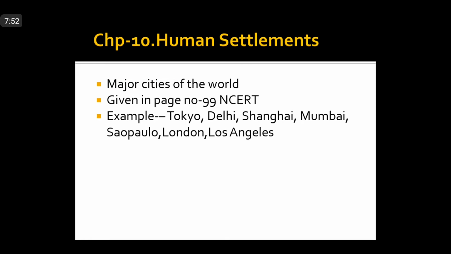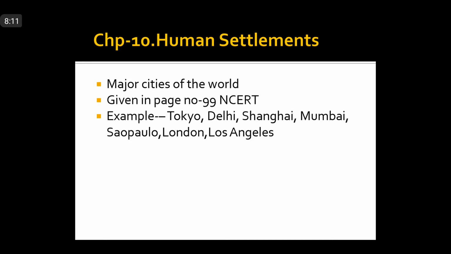Then human settlements. The chapter is 10, major cities of the world, and this is a very important one. You have to practice it, and all these are given on page number 99 in the NCERT book, right? So you have to practice all.